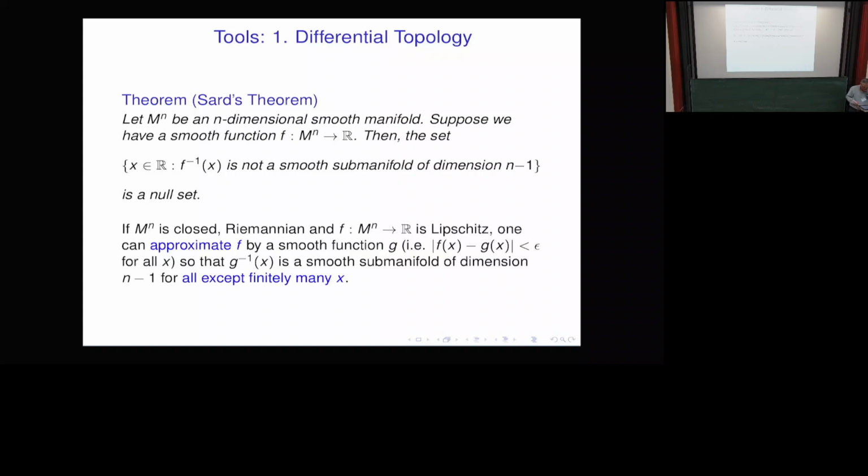So this is classic, and now if I have a Lipschitz map, then I can approximate it, so I can get another map that is very close, but so that the level sets are smooth submanifolds, and if the manifold is closed, in fact, I can even assume that this is a Morse function. There are only finitely many places where I get critical points.